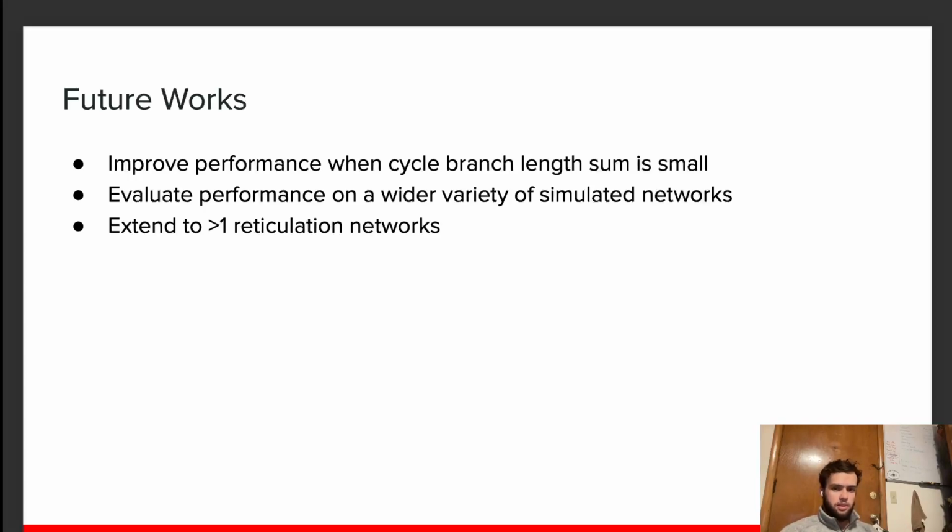The networks here were all simulated the same way, even though their topologies tended to be very different. There's still a wider variety of networks that we can look at. And additionally, all of these networks only had a single reticulation, so we'd also like to extend this method to more than one reticulation to see if we can still get similar results.